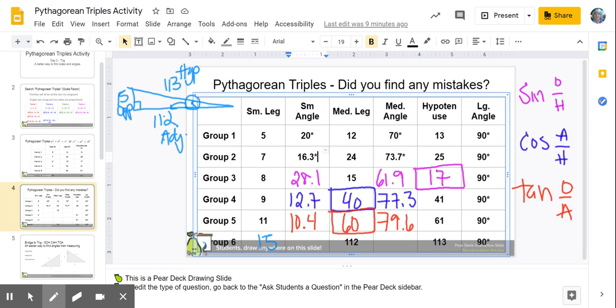We're looking for that skinny angle. So we're going to find this angle here first. Did we use sine, cosine, or tangent? What'd you guys use? I use sine too. What'd you get for an angle? Anybody else get 7.6?